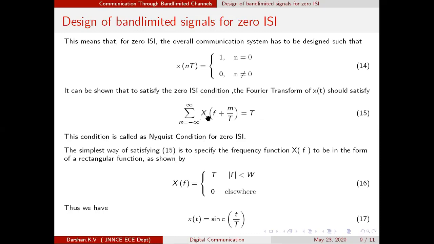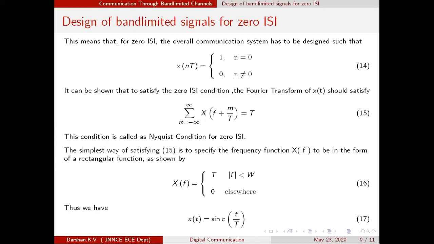If this condition is satisfied, then automatically we can have equation number 14. Therefore equations 14 and 15 together are called the Nyquist condition for 0 ISI. So this is the entire summary.